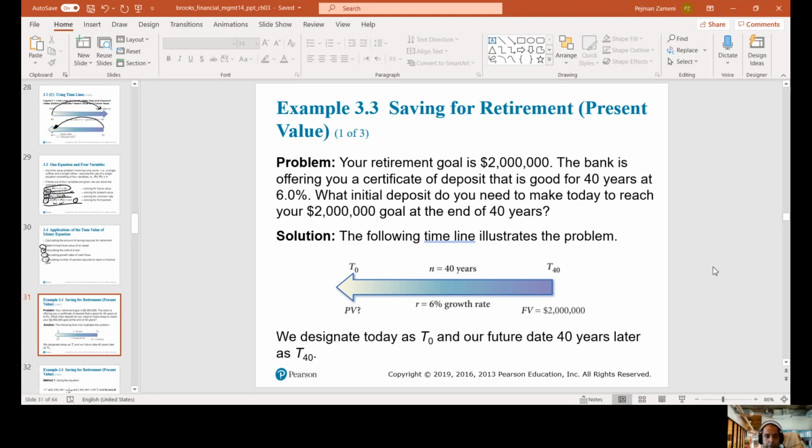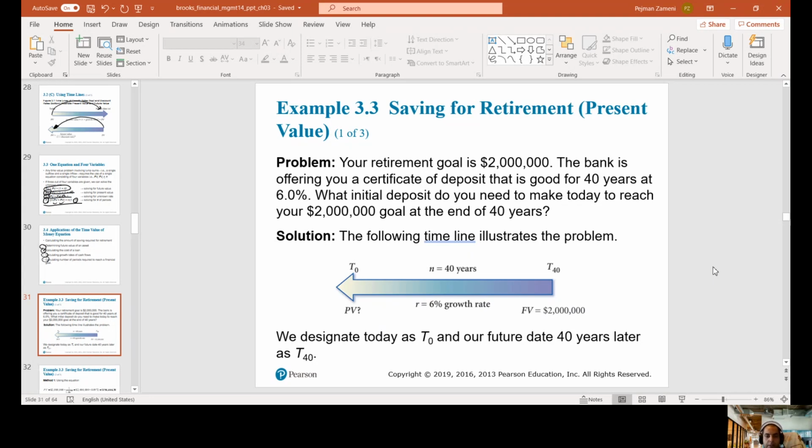Okay, I will be continuing chapter 3, saving for retirement. There is an example that we can see. Your retirement goal is $2 million. The bank is offering you a certificate of deposit that is good for 40 years at 6%.